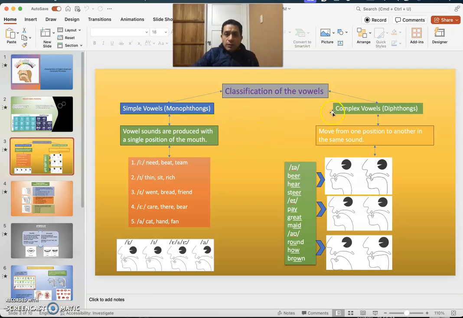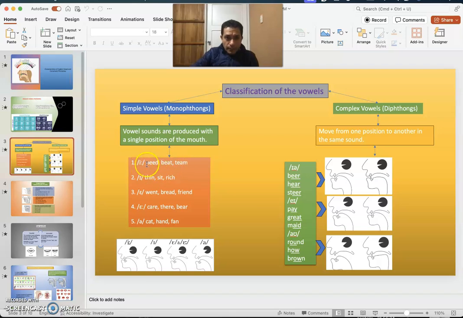The classification of the vowels: the simple vowels or monophthongs. These are single vowels, with no changing sounds. The vowel sounds are produced with a single position of the mouth.